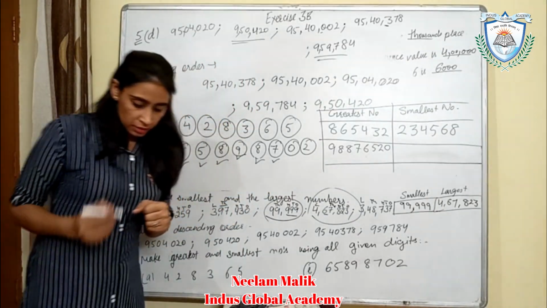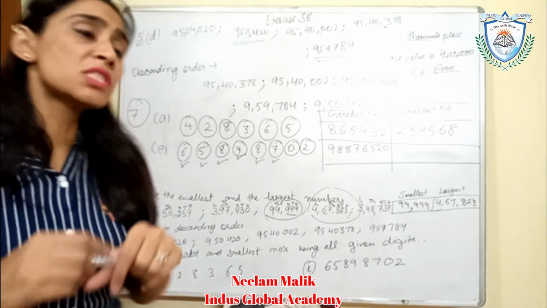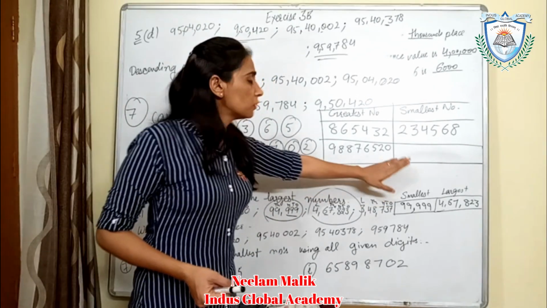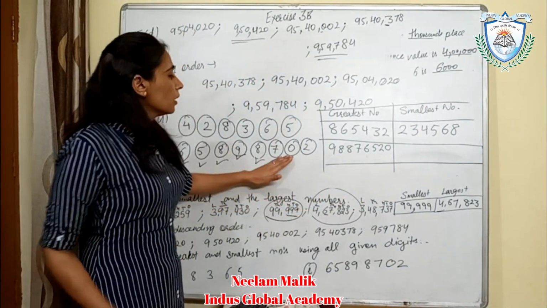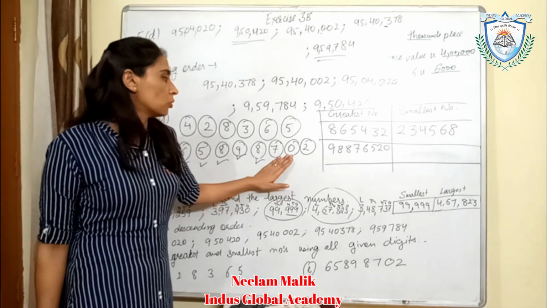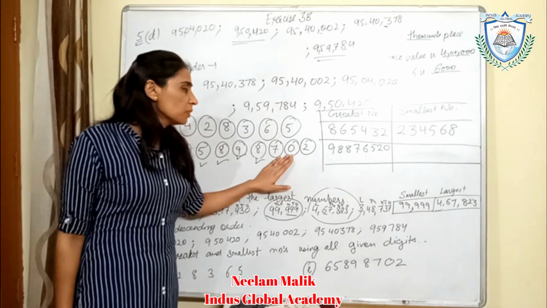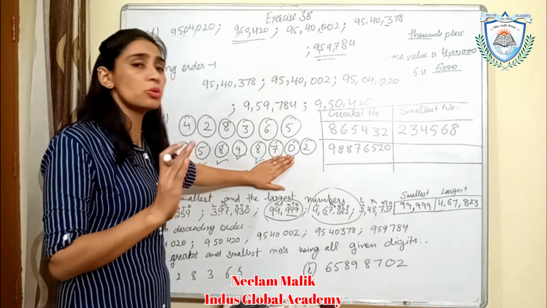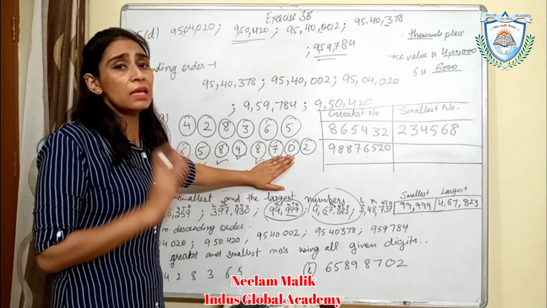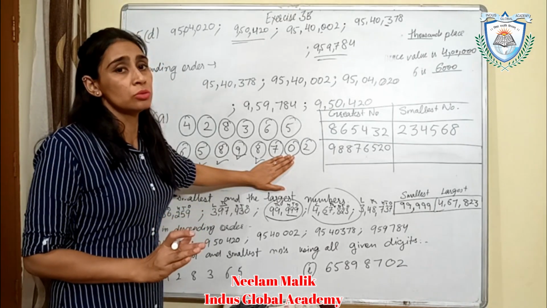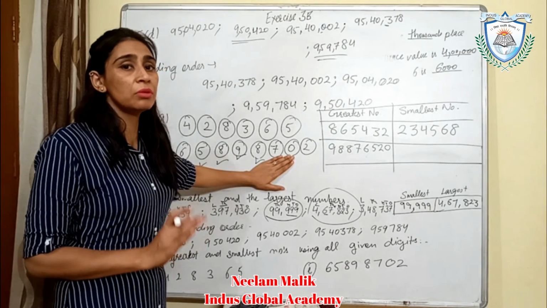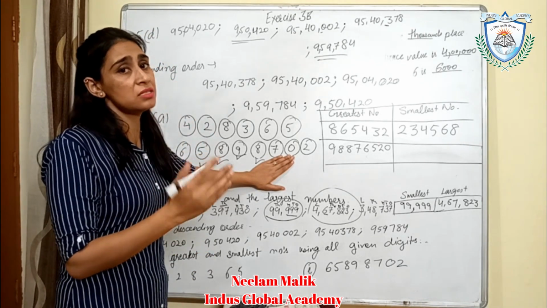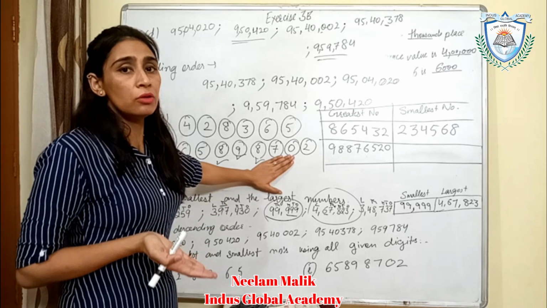When we write the smallest number, first we will look at the smallest digit. Here is 0. But when we have 0 in the given digits, we will never start our number with 0, because if we put the 0 at the first place, then there is no value of the 0.